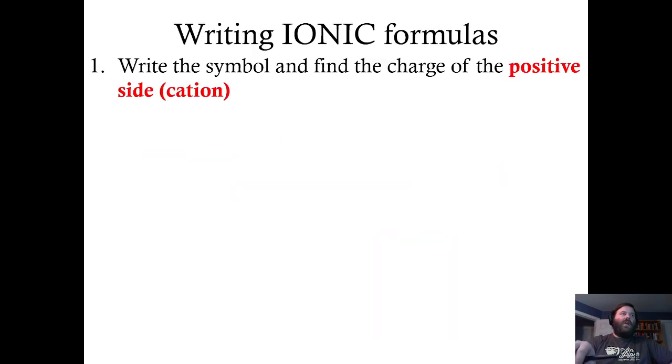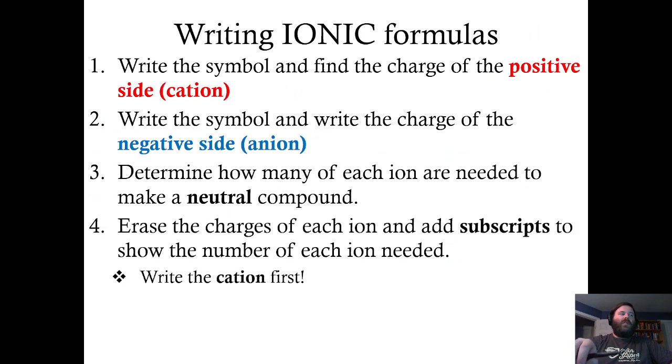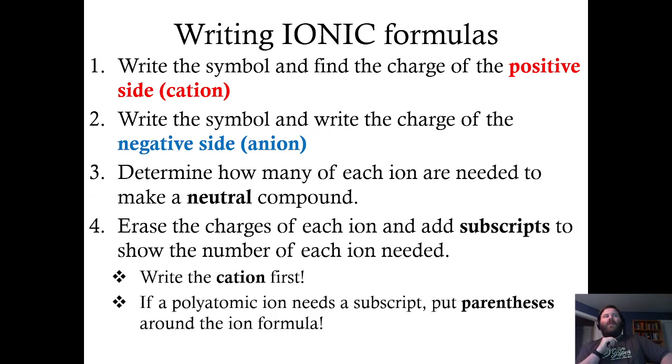Alright. Writing ionic formulas, this is something we've done already. Basically, we had the charges, like cadmium 2+ and nitrogen 3-, and we did the crisscross. This is from two notes ago, basically. But I'm just giving it to you so you can look at it, fill in the notes, and have explicit instructions on how to write ionic formulas.